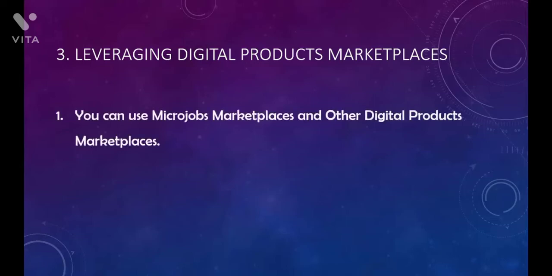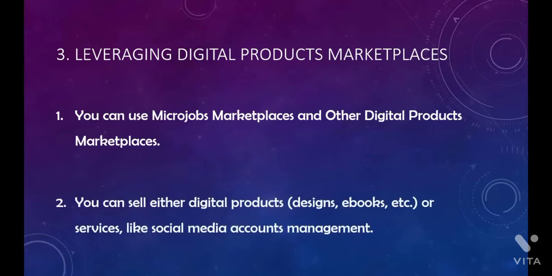So the first thing that you need to consider is the fact that you can and you will use microjobs marketplaces and other digital products marketplaces. As I've mentioned before, we have Fiverr and SEO Clerks, and I will show you in a couple of minutes exactly how you can leverage and do arbitrage with these marketplaces.